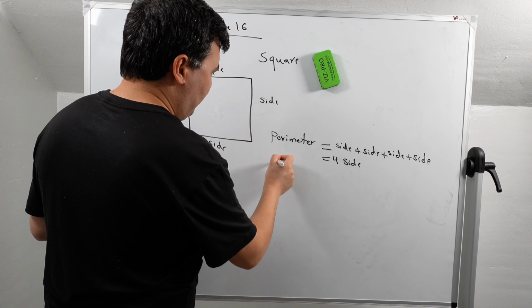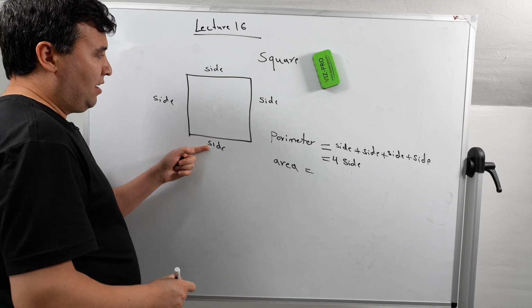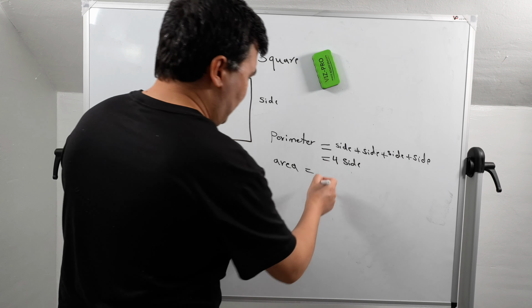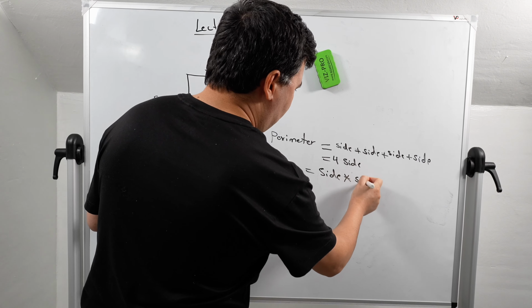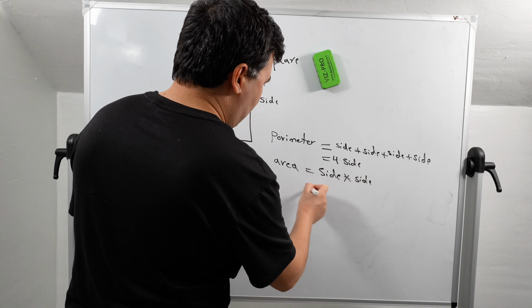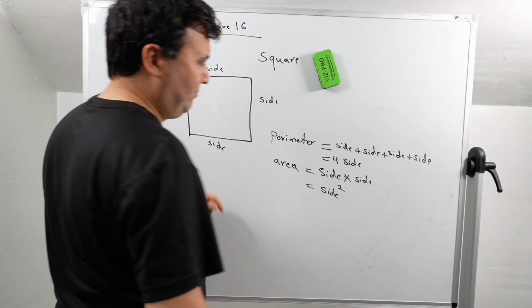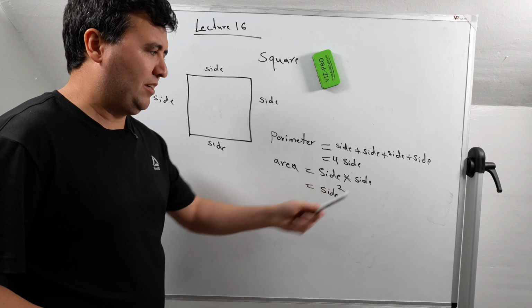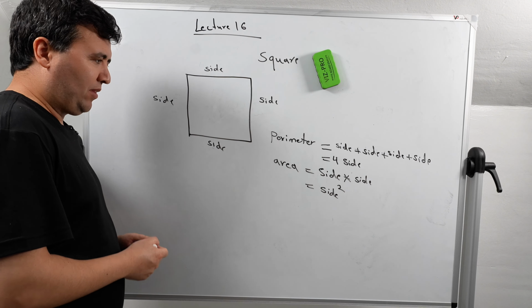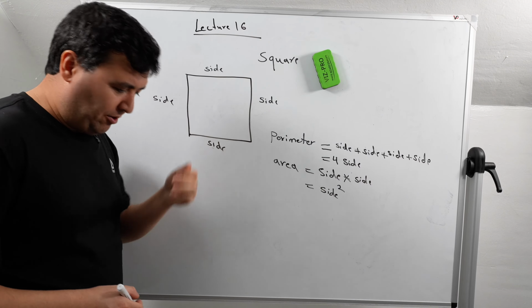So the area becomes side squared, because side multiplied by side. This is the formula for the square.